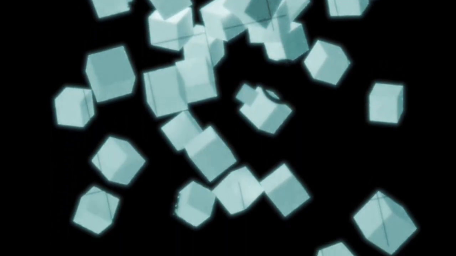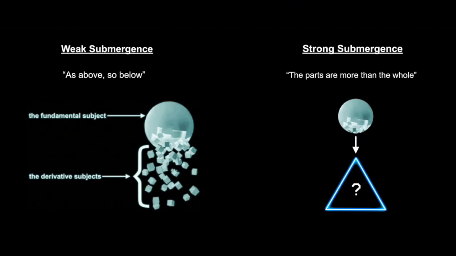Instead of a whole subject emerging or arising from many conscious parts, the many conscious parts submerge or descend from the whole subject. Just like how there is a weak and strong emergence, there is weak and strong submergence.